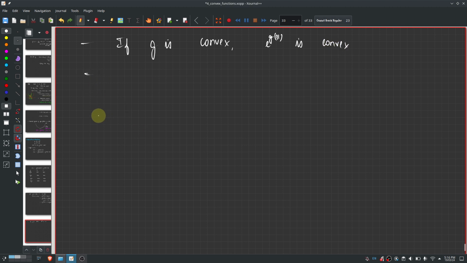Similarly, if g is concave and positive, then log of g of x is concave.